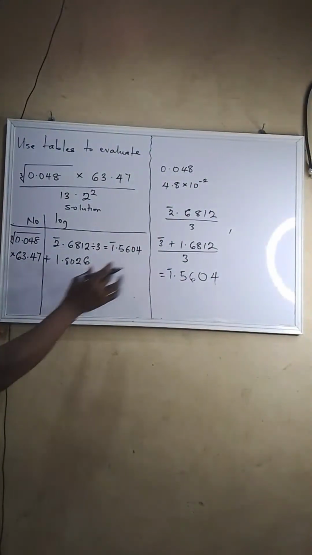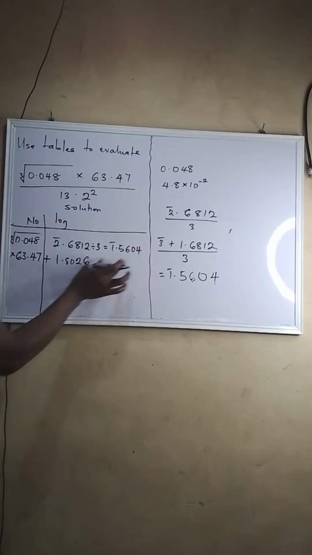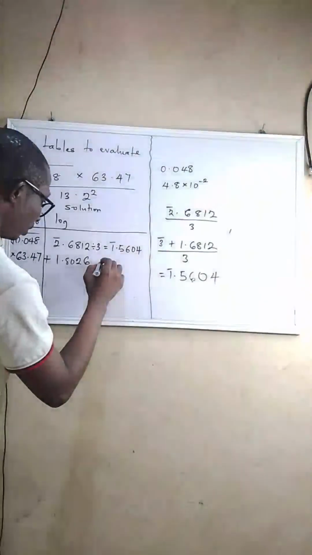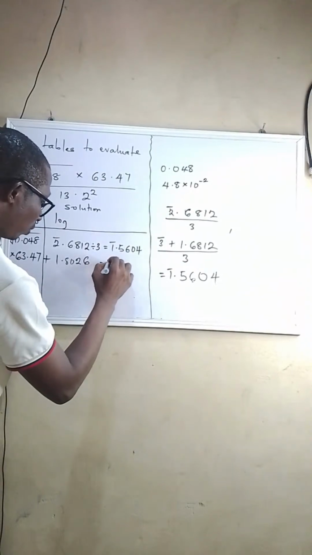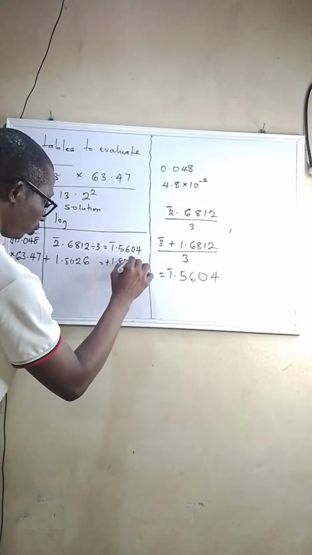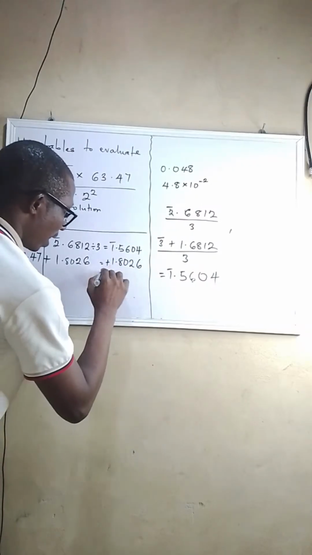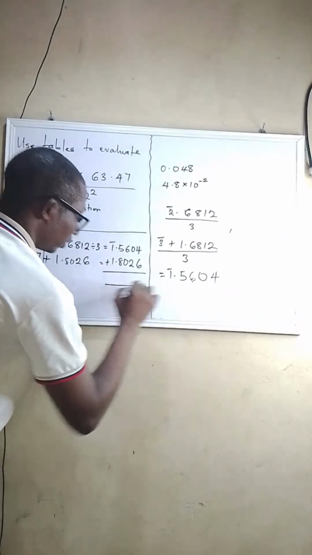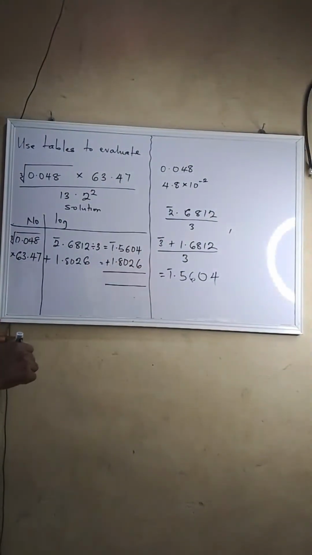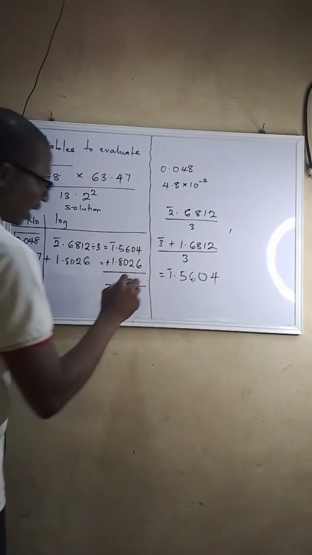Now I'm adding this and this together. Let me move this one to this side, which is the same thing as plus 1.8026. So I'm adding the two together. Now this plus this, 4 plus 6, that gives you 10.